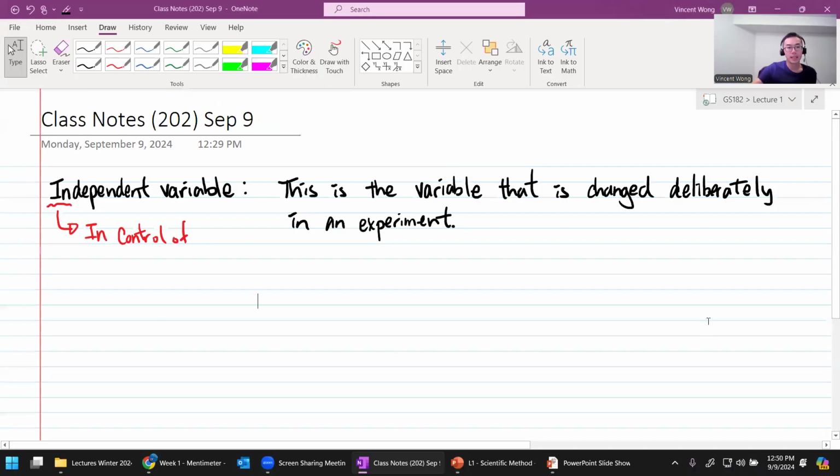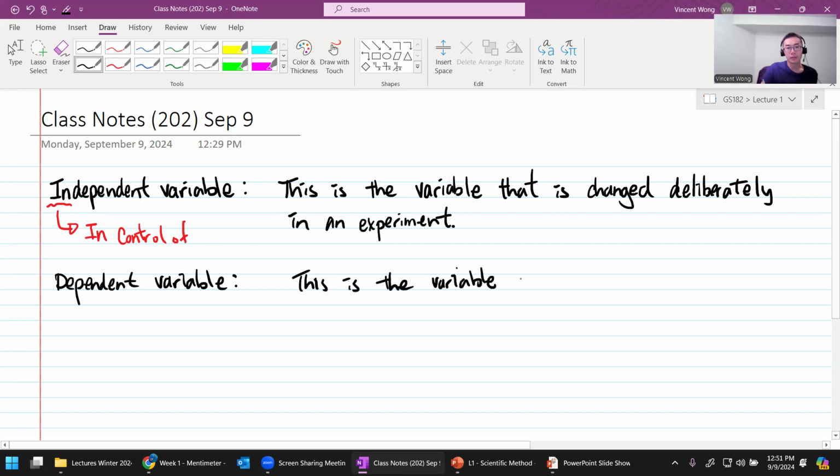All right. So the dependent variable would be the variable that is being observed or measured in an experiment.